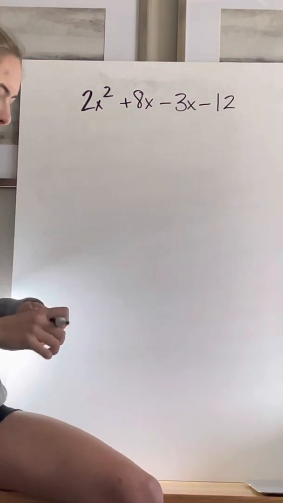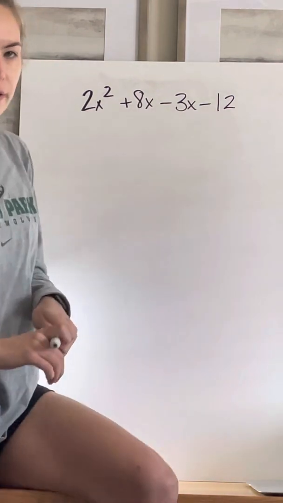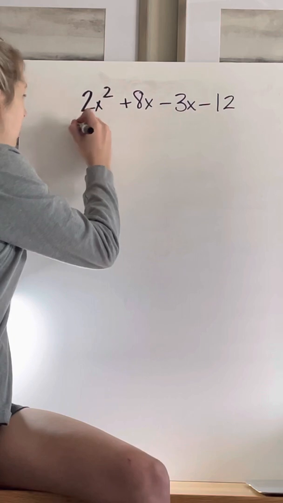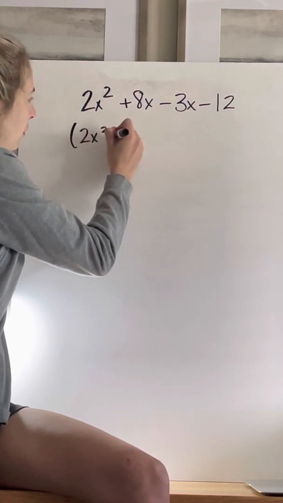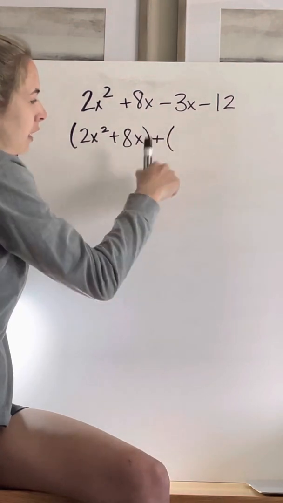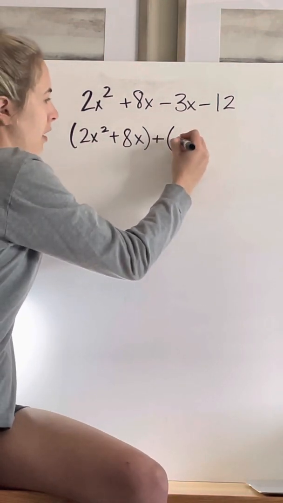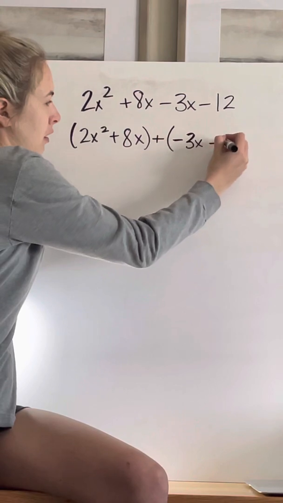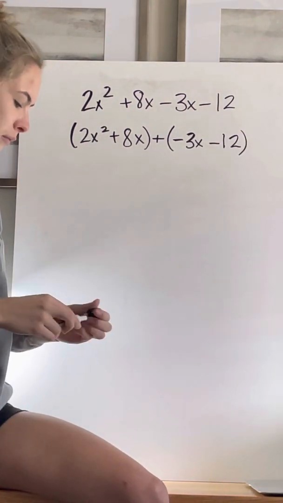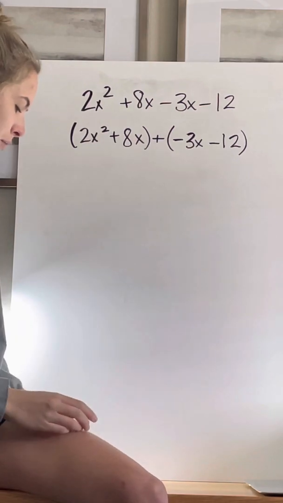Okay, so it looks pretty similar to the last, just different numbers. First, let's break it into its two parts. We have 2x squared plus 8x plus, right, you're going to keep addition here, a -3x minus 12. So now we have our two parts.